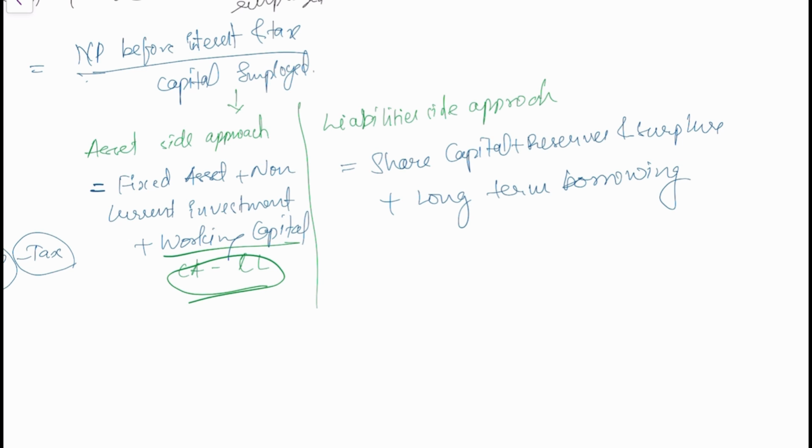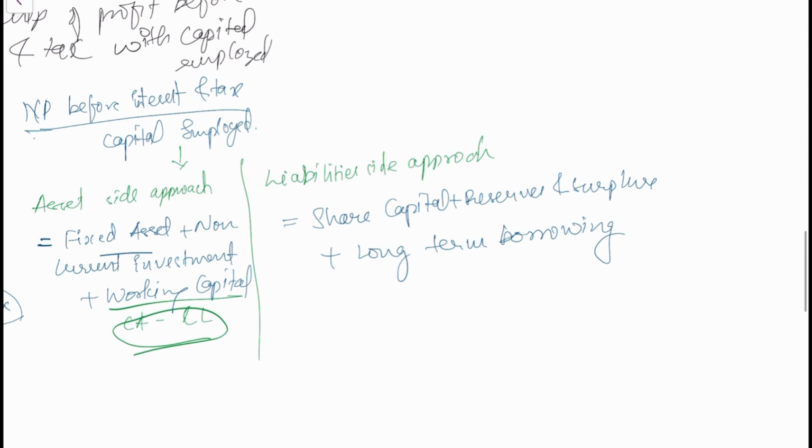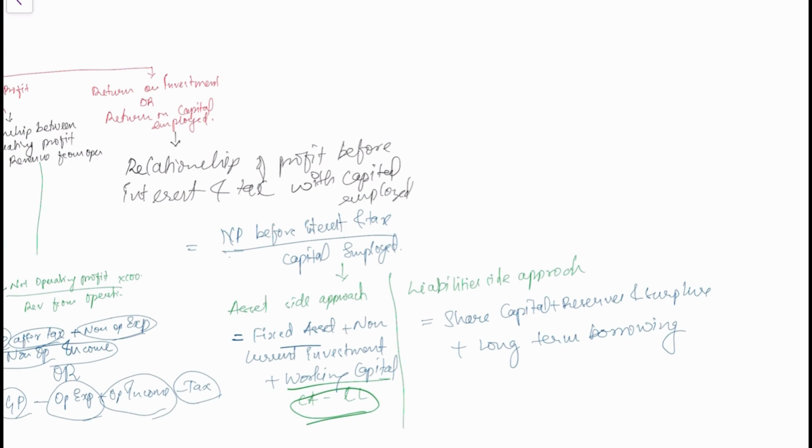In the question you have to read carefully. Whichever information is provided, you have to take appropriately. Like if fixed asset and investment are given, for confusion they might give share capital, but there won't be reserves and surplus, long term borrowing. So you should take the asset side approach: fixed asset, then add the non-current investment, then working capital. If working capital is not given, then current asset minus current liability should be taken. For the liability side, it is share capital plus reserves and surplus plus long term borrowings.